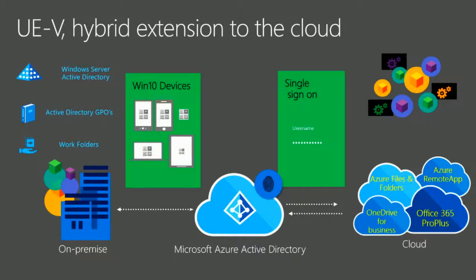Let's say you have Office 365, so you utilize that identity as your login. And in the future, there will be single sign-on to applications in the cloud. If you have the agent deployed via Intune, you'd be able to sync all those settings based on your OneDrive for Business.